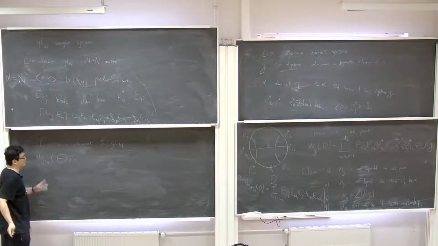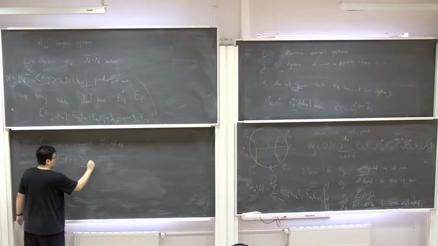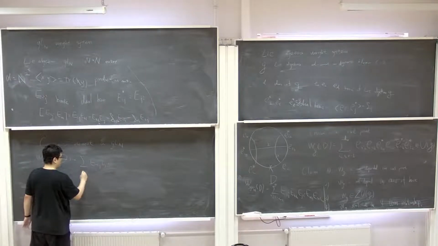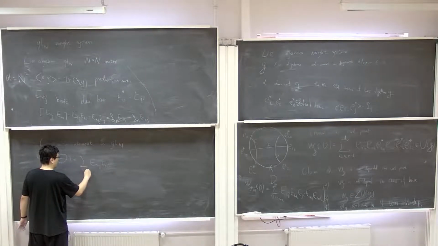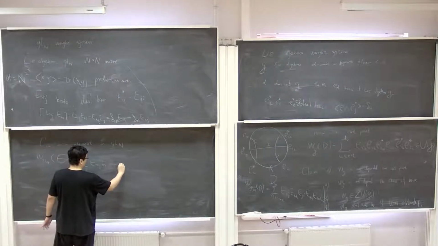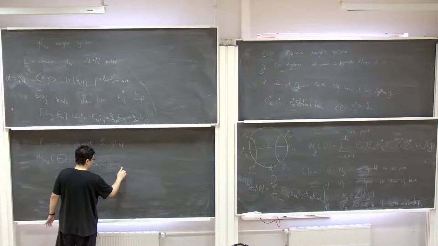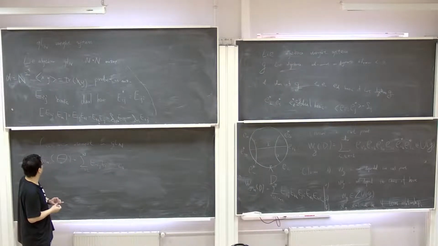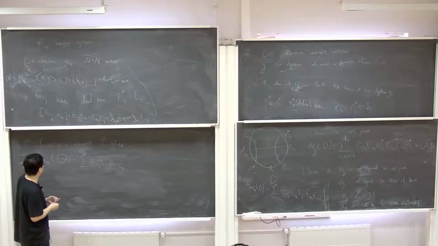And then for the definition, it's the summation of Eij, Eji, i, j from 1 to N. And this is what we call C2, the second Casimir element in the GLN.